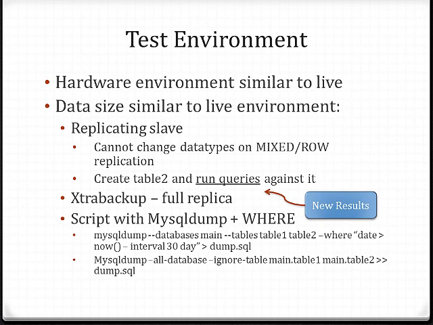But if you have row or mixed, and the data types are different, say you want to change the data type on a slave that's replicating data, let's say dp_users, to see if instead of bigint you can use tinyint and see the benefits of that, but you're still replicating to that table and it's row-based, it will say the data type isn't the same, error. But Ben at Pythian said that you can add a setting to your MySQL file that allows it anyway. Normally that would be a problem.